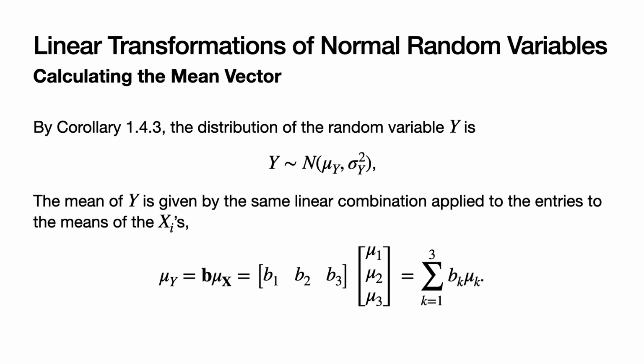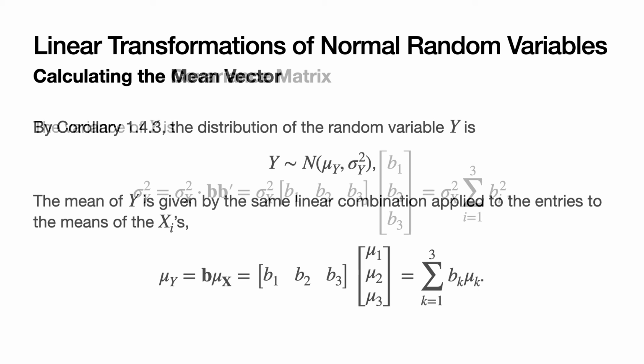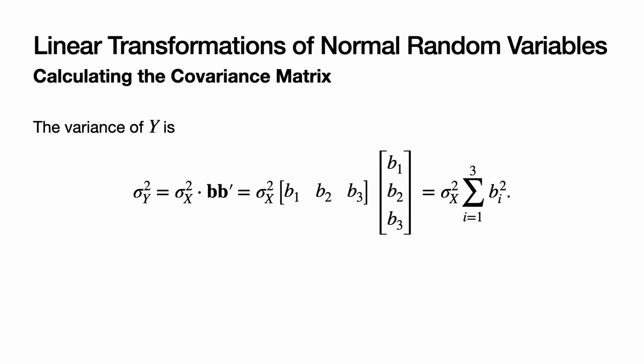The mean of y is given by the same linear combination applied to the entries of the means of the x's. So in other words, we take the inner product of the b vector with the mean vector for x. And that turns out to be the sum, k going from 1 to 3, of b sub k times mu sub k. The variance of y is given by sigma squared sub x times the inner product of the b vector with itself.